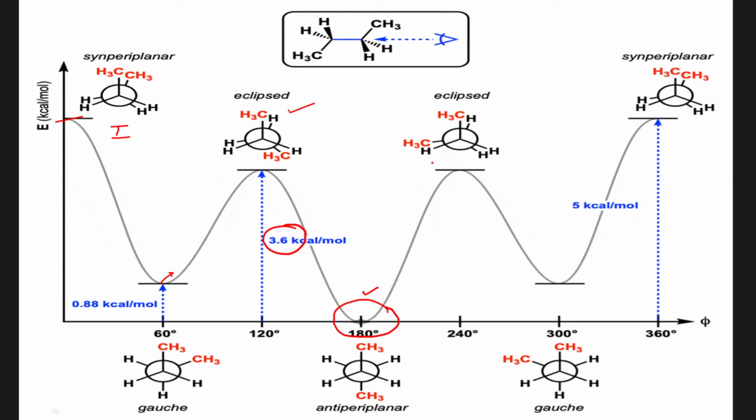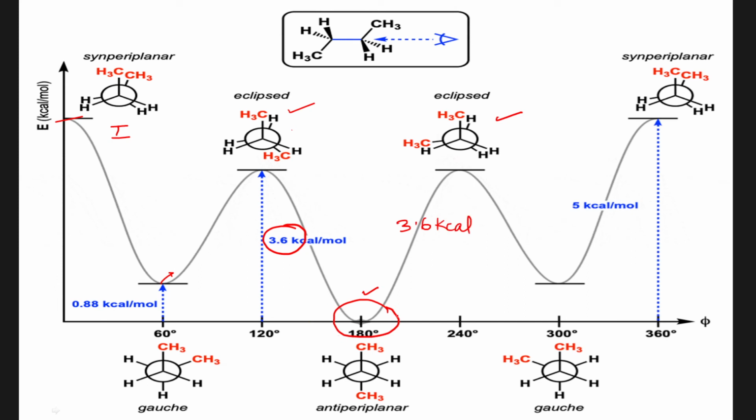Same is the case over here. As you can see, this structure and this structure, both of them are mirror images of each other, and therefore the energy difference between the anti and the partially eclipsed form which we are taking over here is going to be again 3.6 kilocalories.